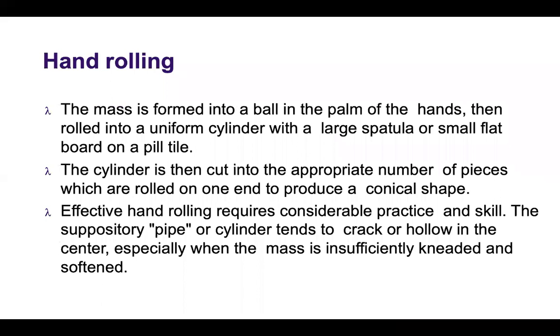The mass is formed into a ball in the palm of the hands, then rolled into a uniform cylinder with a large spatula or small flat board on a pill tile. The cylinder is then cut into the appropriate number of pieces, which are rolled on one end to produce a conical shape. Effective hand rolling requires considerable practice and skill.